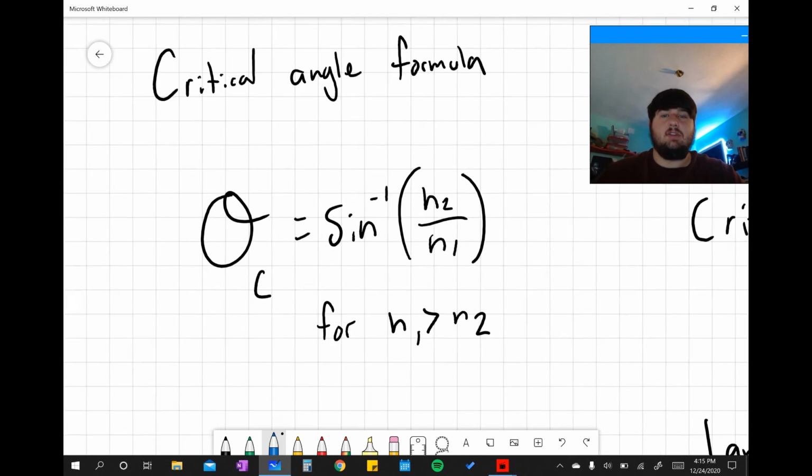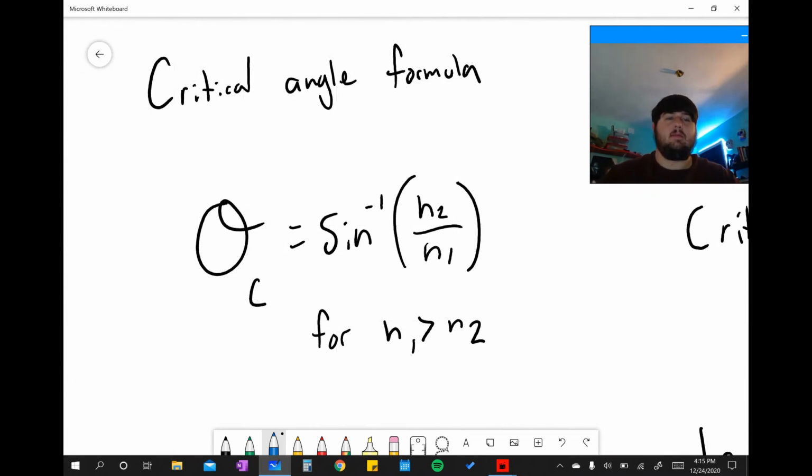You can calculate this using this formula. For indexes of refraction that are going from high to low, you just put them in this formula and you'd be able to calculate the steepest angle at which you can have light exit the material.